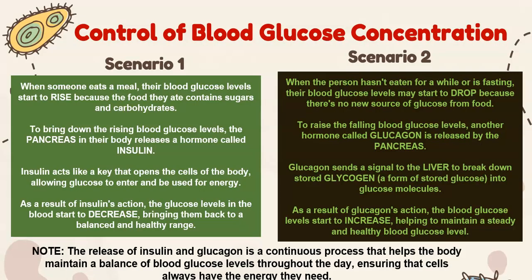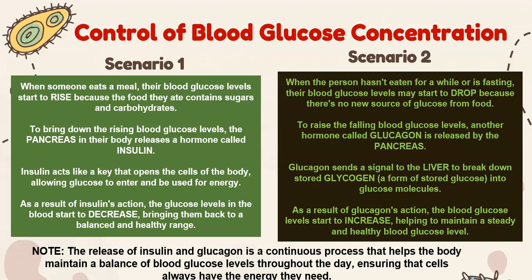So let's look at control of blood glucose concentration, one major internal condition that the homeostatic response helps with. Now, in the first scenario, when someone eats a meal, their blood glucose levels start to rise because the food they ate contains sugars and carbohydrates.